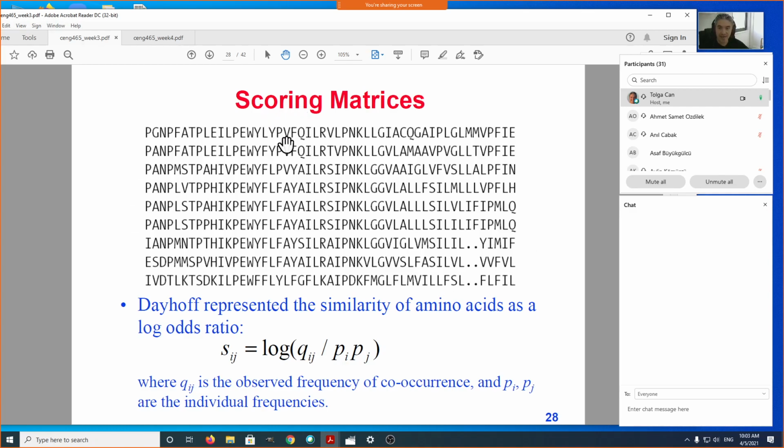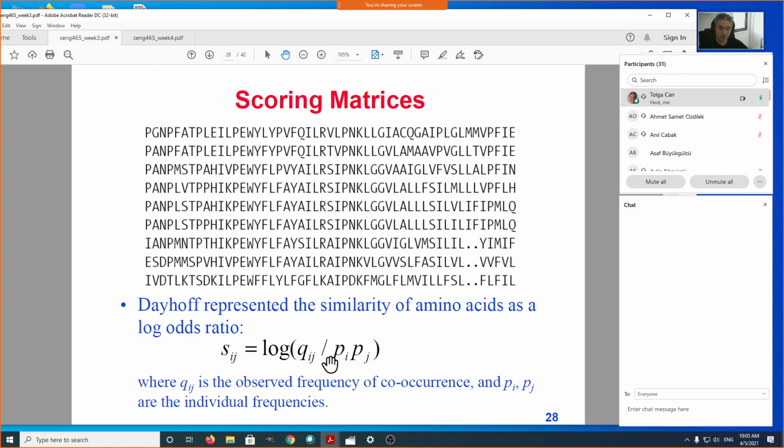alignments like this and computing the frequency where the two are observed together. And this ratio, which we call the log odds ratio, is like taking the ratio of two probabilities. It's like a likelihood. Sometimes this is also called log likelihood. The ratio will always be positive, right?